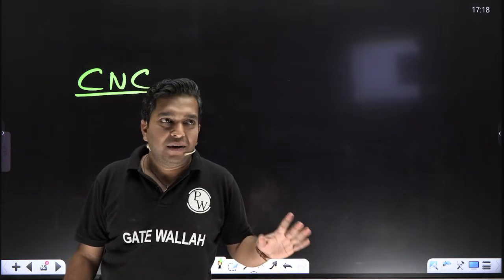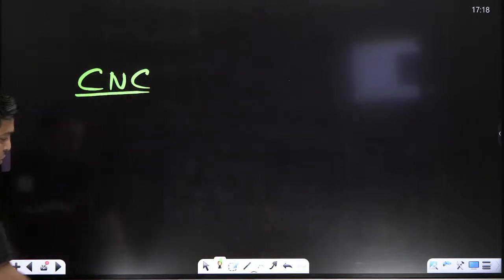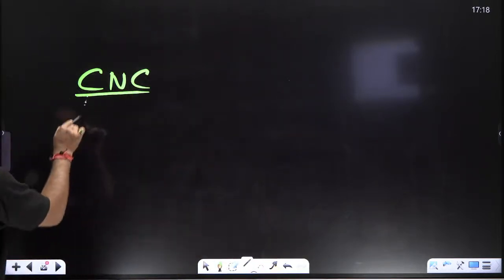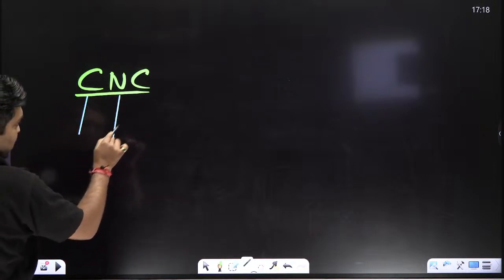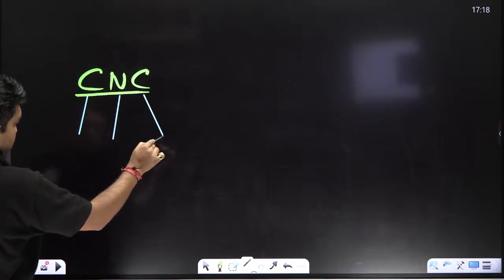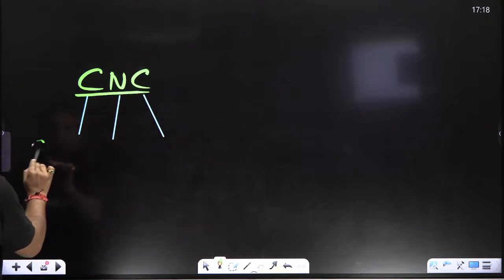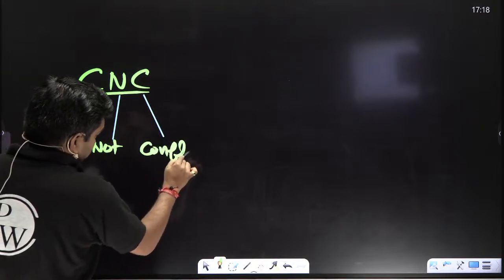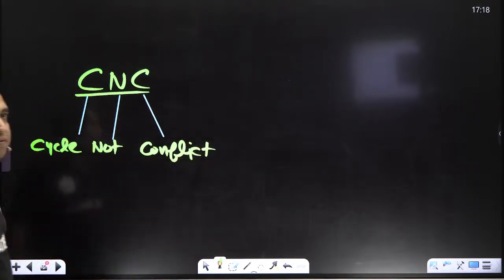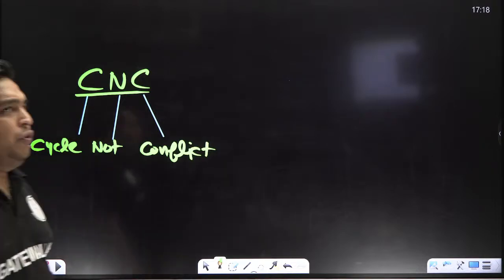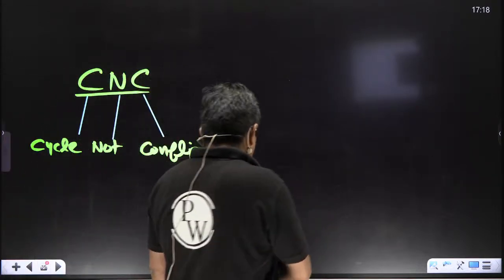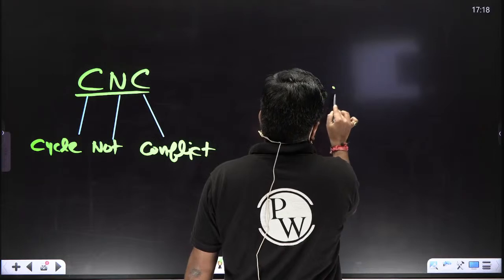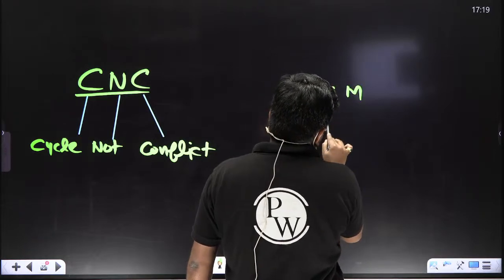But I told you where we use CNC: cycle, not conflict. Similarly, we learn the concept of one to many and many to one.